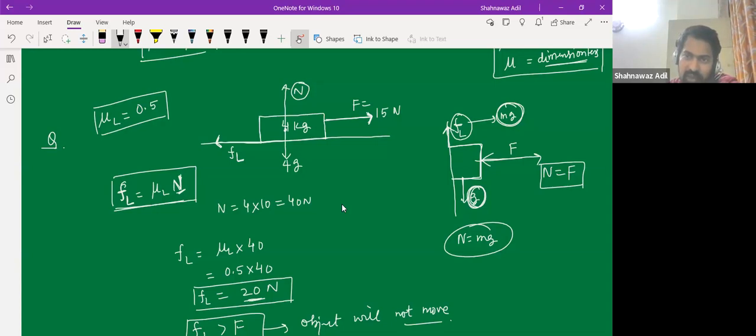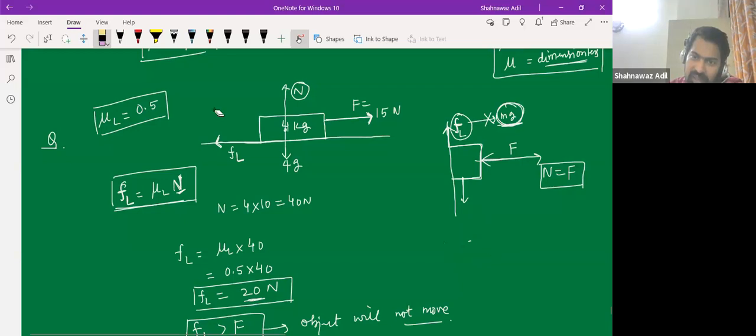Am I correct, or did you understand that point? Sir, can you repeat it? So in this case, the limiting friction is not dependent upon the weight.